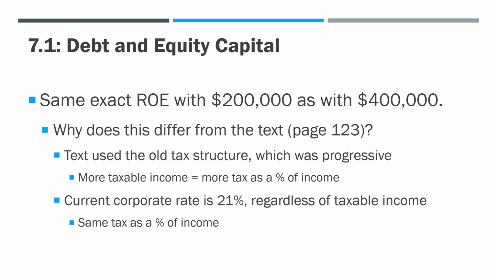So it's 15% plus 25% on the next $14,000. So there's a little bit of a change in the return on equity. It was less in the second scenario, and that was entirely because of income taxes.